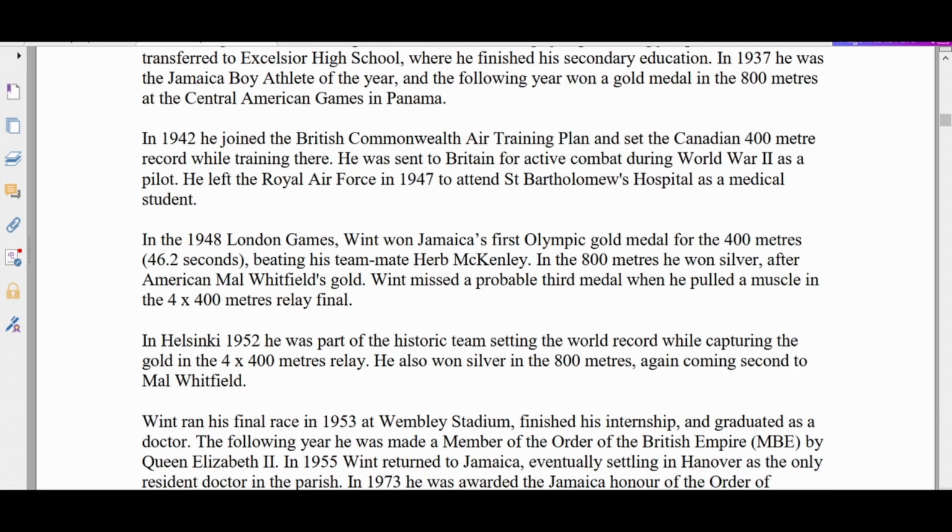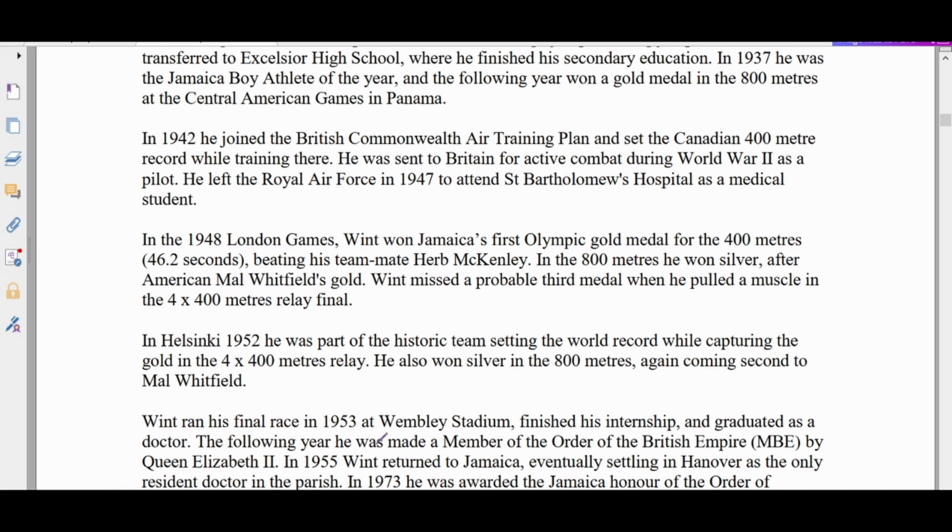In Helsinki in 1952, he was part of the historic team setting the world record while capturing the gold in the 4x400 meter relay. He also won silver in the 800, again coming second to Mal Whitfield.